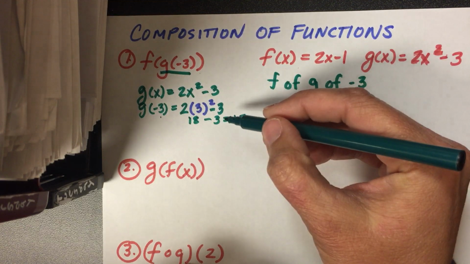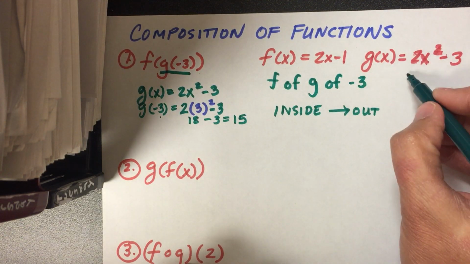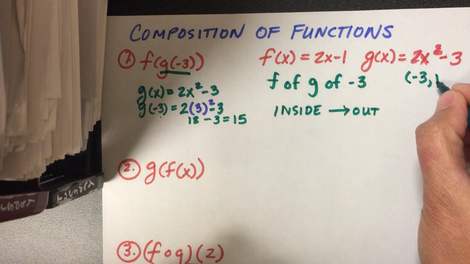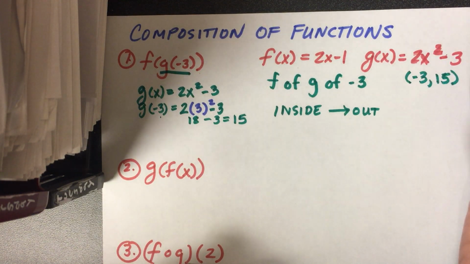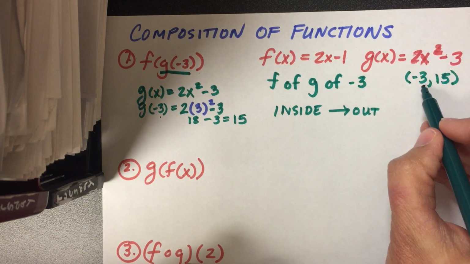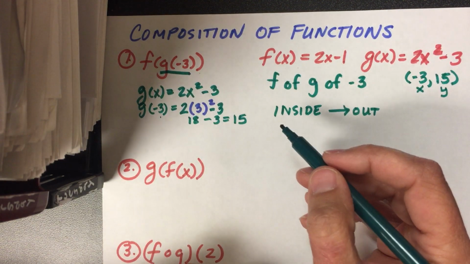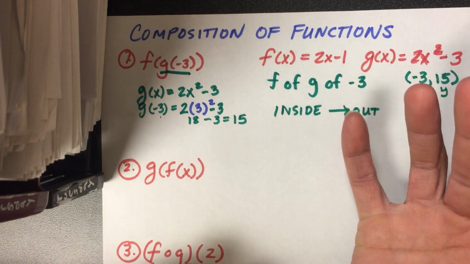So basically what this would mean on the graph is for g of x, if my x coordinate was negative 3, my y coordinate would be 15. That's just a little FYI, so you know what the operation is. This is your input, this is your output. So the way these compositions work is it's kind of like a chain.